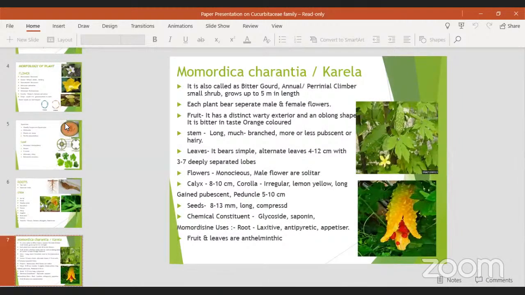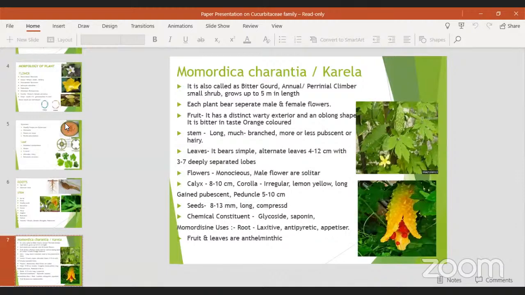The flowers are dioecious. Petioles are 2 centimeters. Fruits are oblong, nearly spherical, smooth. The fruit is sour and sweet in taste. Chemical constituents are saponin and volatile oils. Uses: the root has a cathartic, that is purgative, action, and the leaves are used as antipyretic and for bronchitis.